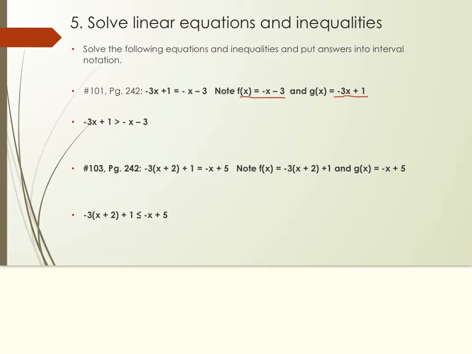And when those two graphs meet, we can solve that equation as an equality. So when we're solving equalities, we're finding just one point here. In this particular case, we solve for x. I'm going to bring the x's over to the right-hand side and the numbers to the left-hand side.